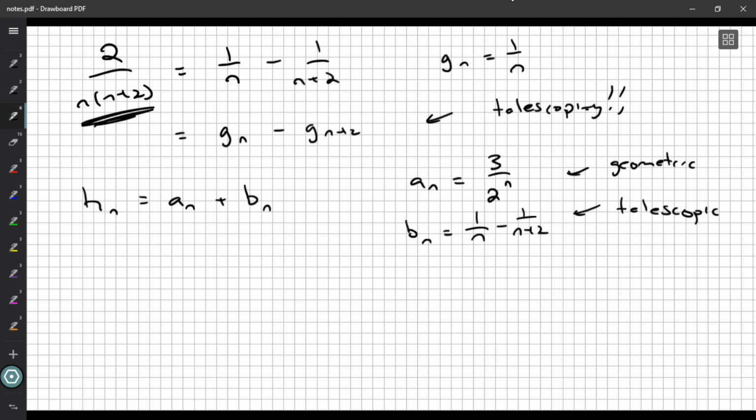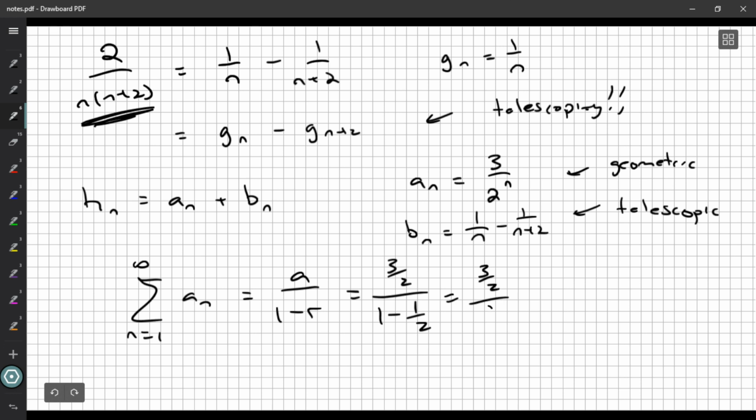And I'm willing to bet individually these converge. Let's show that off. So we'll show that the sum of the a_n's converges. First term is 3 over 2, and then 1 minus the 1/2, so we get 3 over 2 over 1/2, which is 3. So the sum of the a_n's converges to a value of 3.